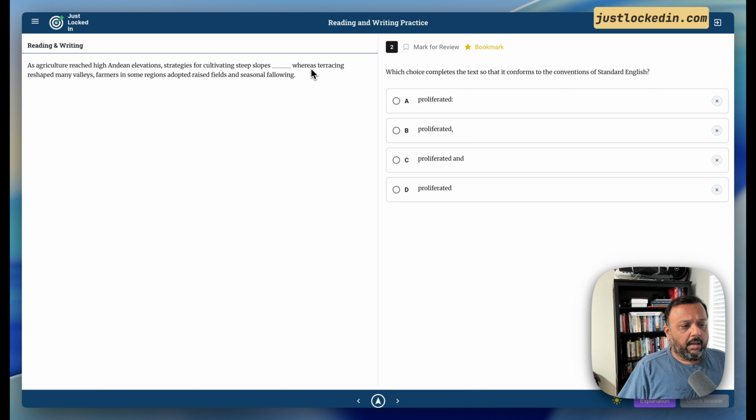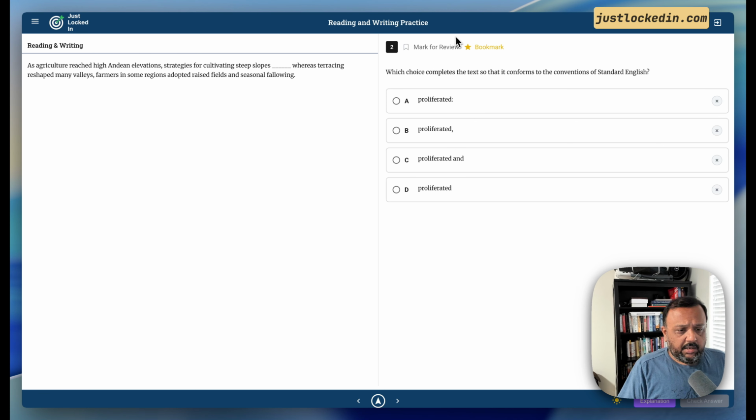Then the author gives examples of why they think so: valleys were reshaped by terrace cultivation, and farmers in some regions also adopted raised fields and seasonal fallowing. So this is a statement, and then substantiation of that statement with examples. That's the overall structure of this sentence.